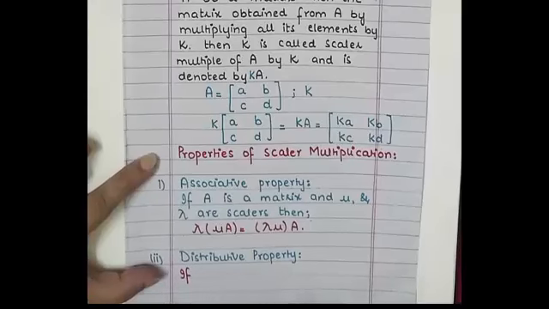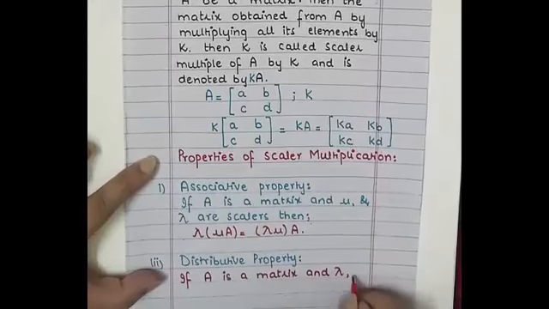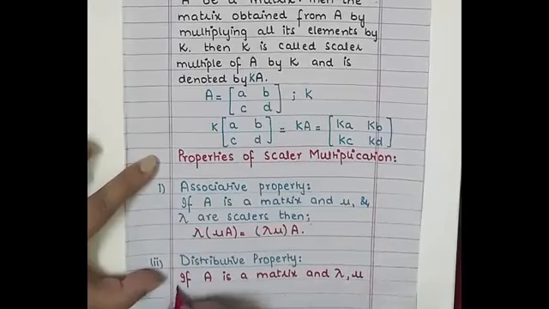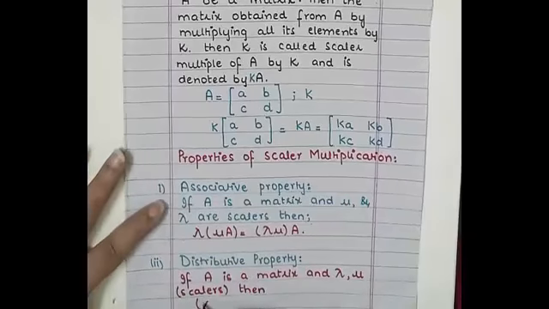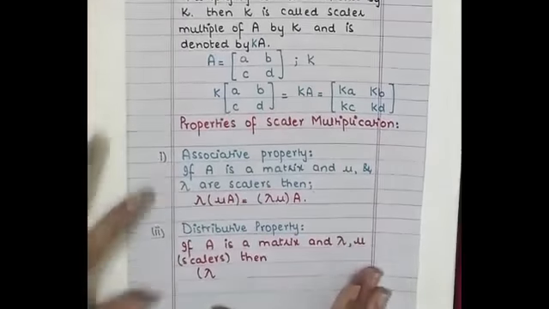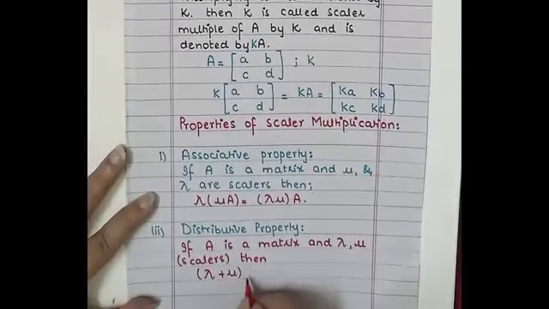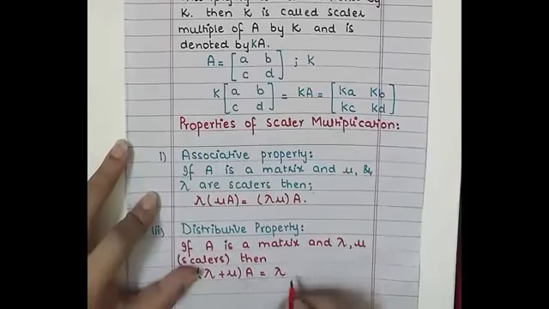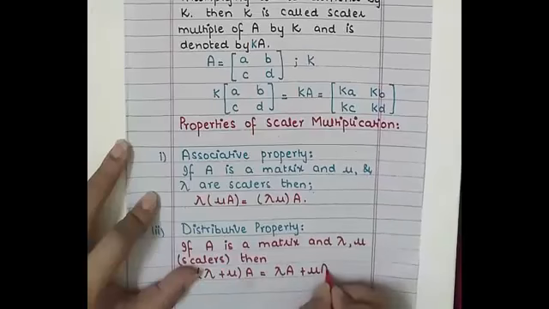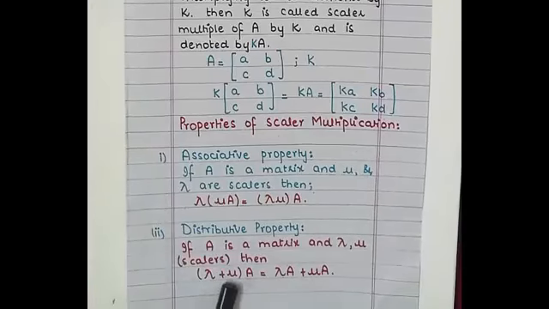If A is a matrix and lambda and mu are two scalars, then according to the distributive property, lambda plus mu into A is equal to lambda A plus mu A. So when we have two scalars and one matrix, the distributive property holds for scalar multiplication.